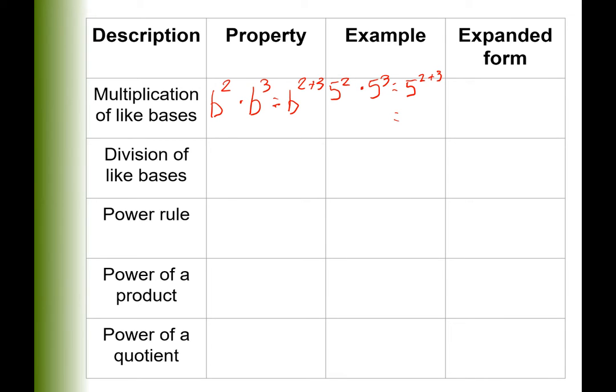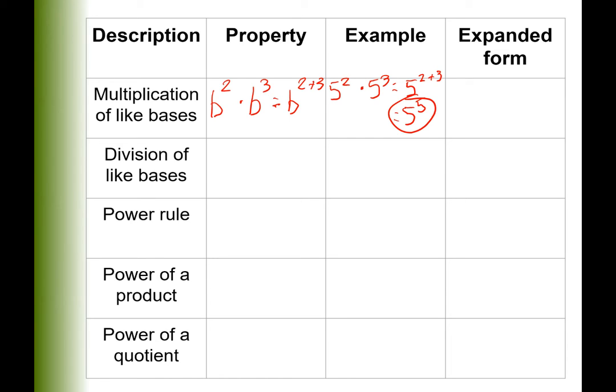So we have a base of 5, we're adding 2 and 3. What that results in is 5 to the 5th power. That is our simplified expression. Remember, we're not solving it, we're just simplifying.